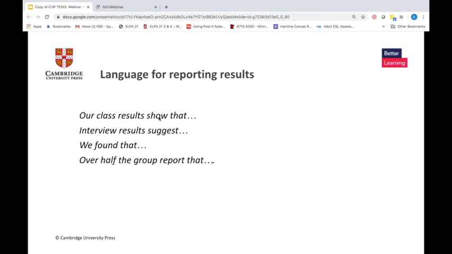So this might be a chance to work on the kind of reporting language, such as our class results show that, or interview results suggest, or we found that, or over half the group report that the elderly normally live with their children, or we found that in the United States, many people live in assisted living. So this is a chance to focus on the language, the forms, and academic language functions at the phrase level, but also in service of the writing genre, not in isolation or out of context.